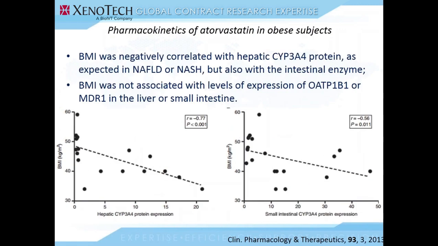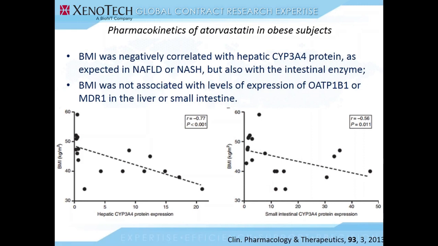Further in this study, we see that hepatic CYP3A4 protein expression, which is on the left-hand panel, is inversely correlated with BMI, and the same is a novel finding for CYP3A4 present in small intestine.